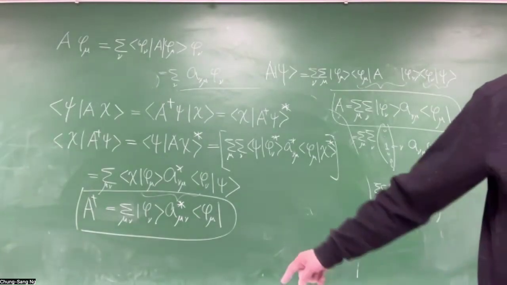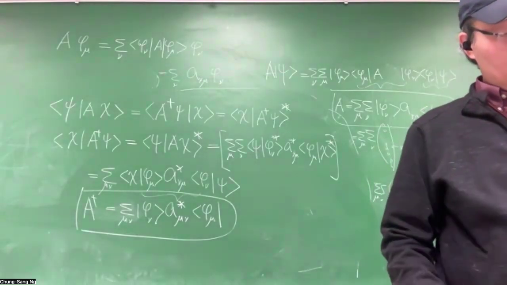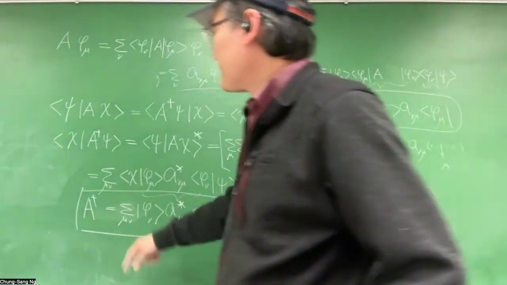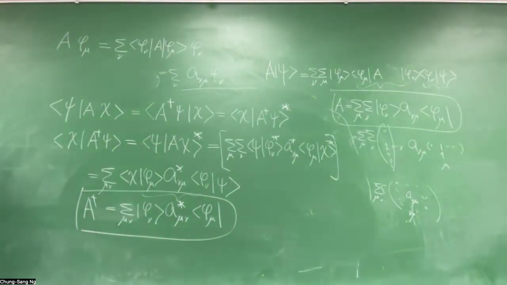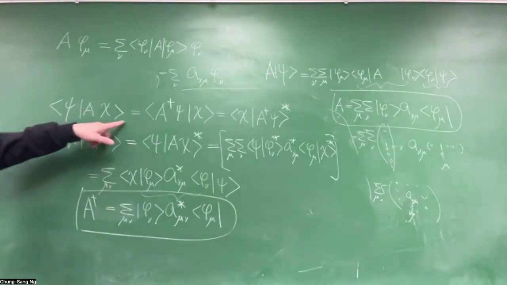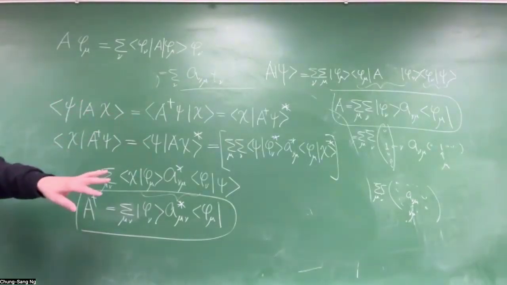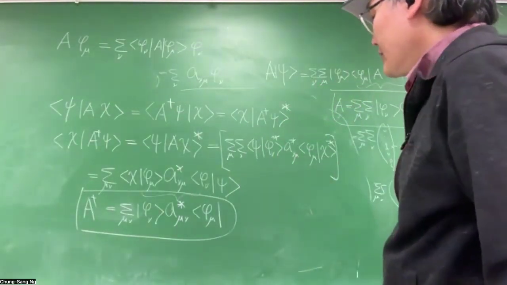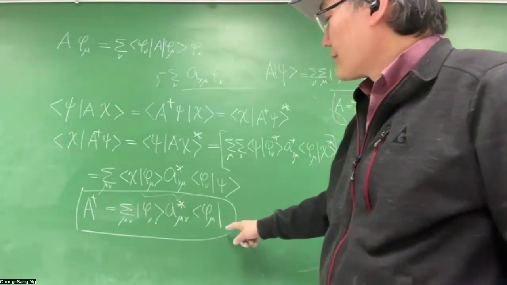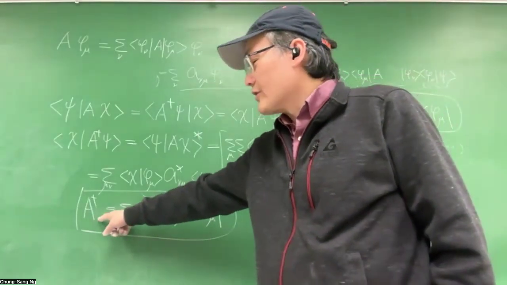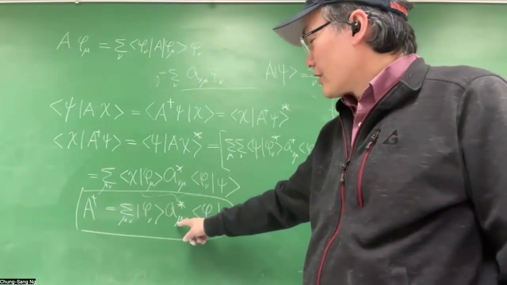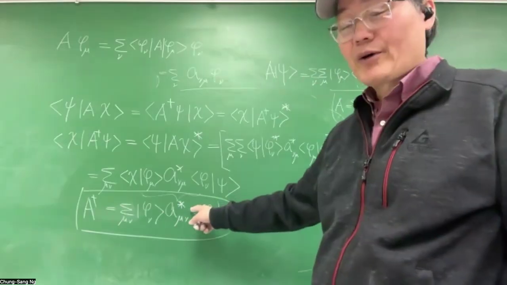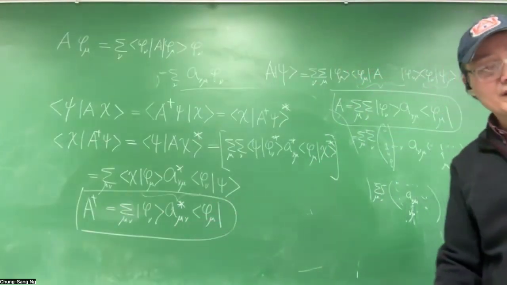Okay, so up to here. One of the more important results is that we define the adjoint by this definition, and after the basis expansion we realize that we can get the adjoint by simply changing the matrix element to the complex conjugate transpose of the matrix element.